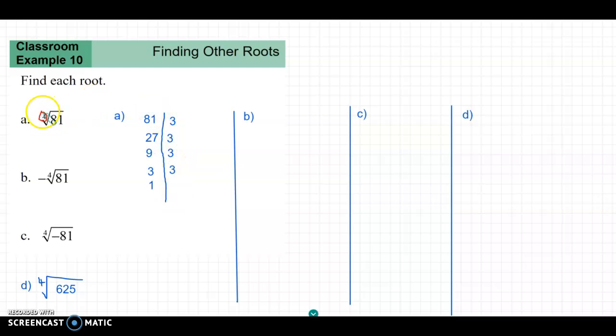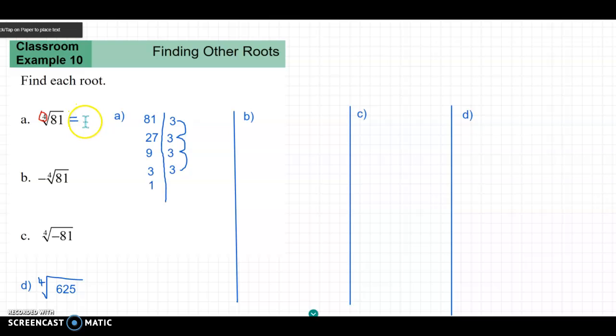The index of the root is 4, so we need to get groups of 4 numbers that multiply by themselves to give 81. We already have the groups here, because 3 times 3 times 3 times 3 is 81.